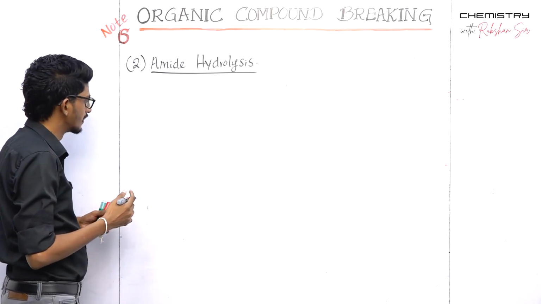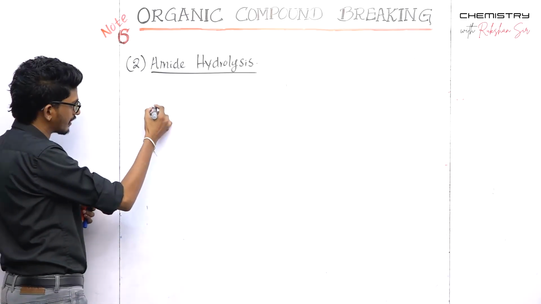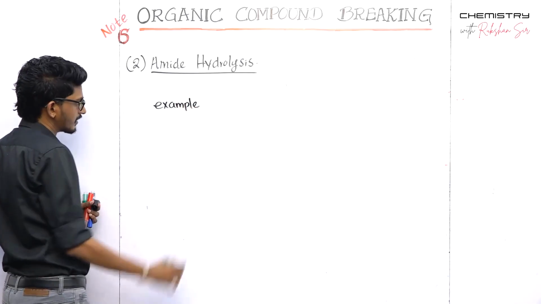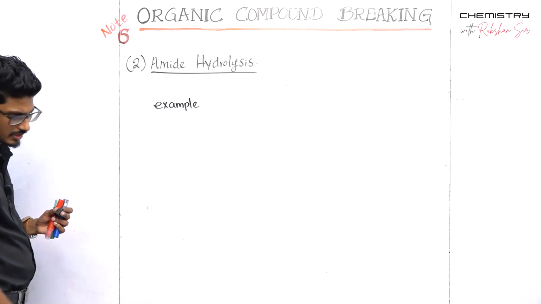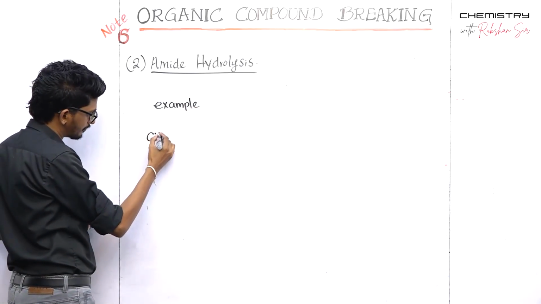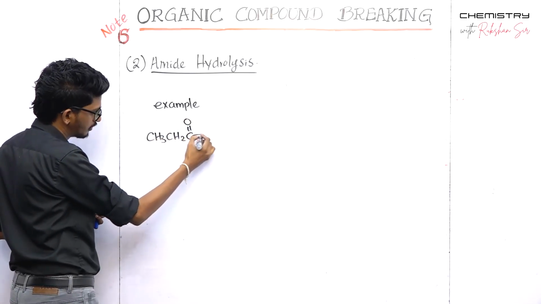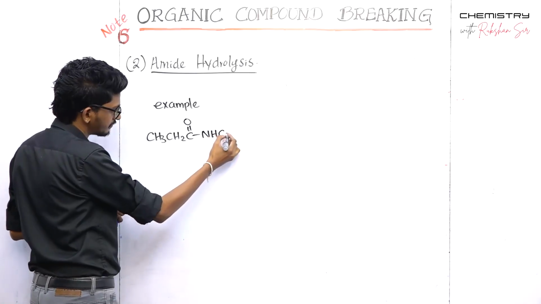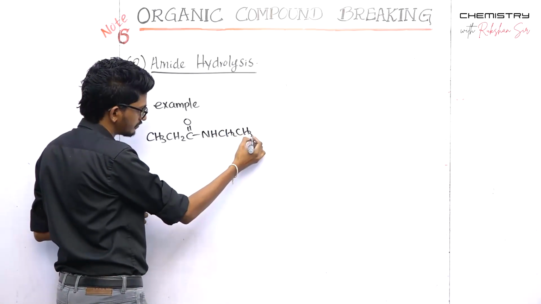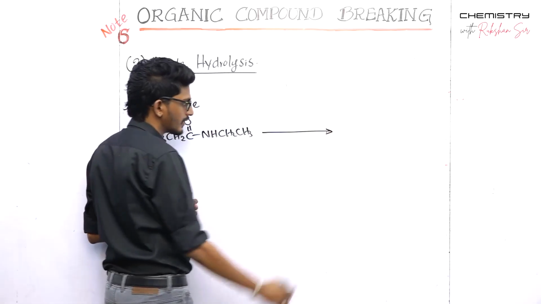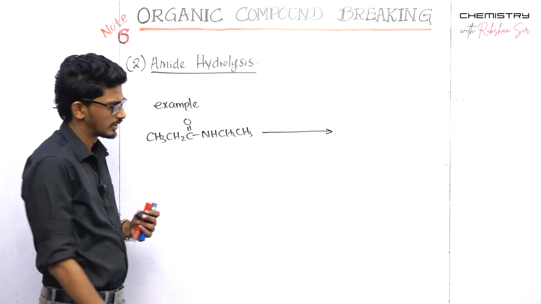So I'm going to try this example. This is the example. You have this starting compound, and let's say you are supposed to form this one.